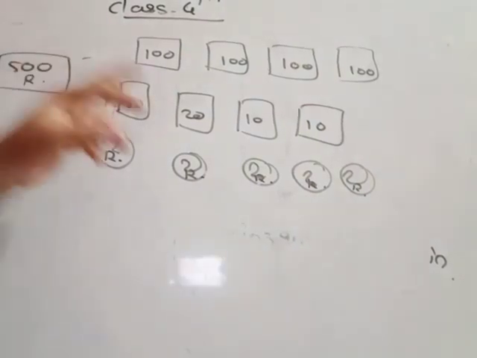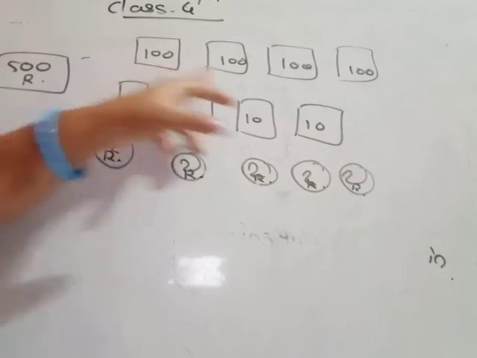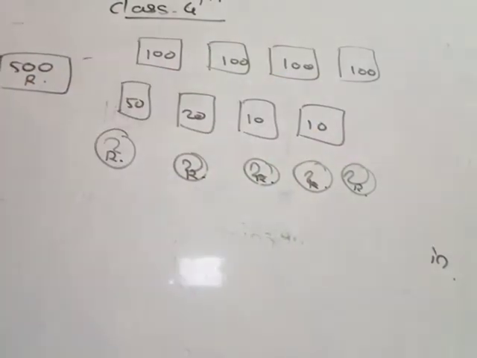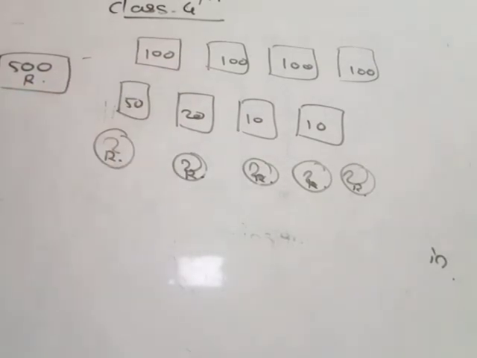Then 90 plus 10, 100, and 400 plus 100 is equal to 500. So the change for this 500 rupees is 4 hundred notes, 1 fifty note, 1 twenty note, 2 ten rupee notes and 5 two rupee coins.